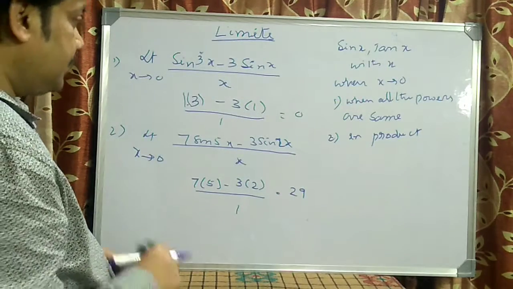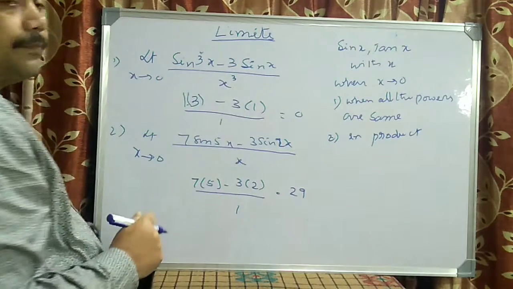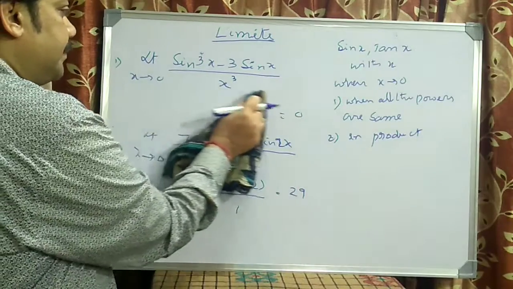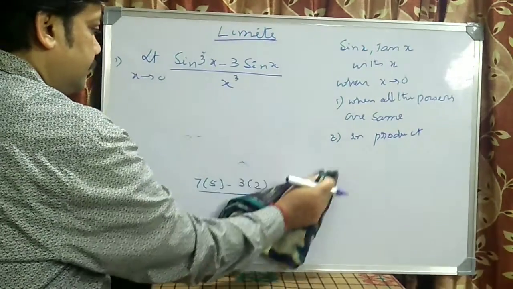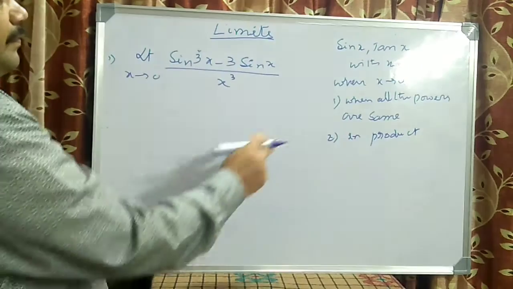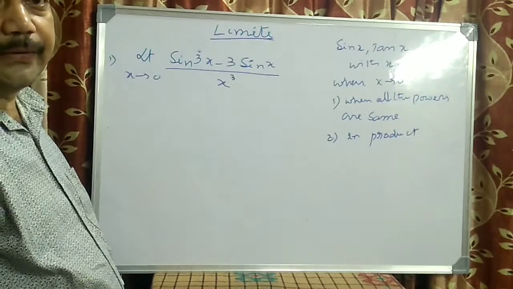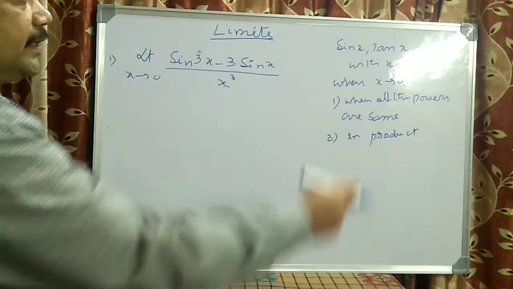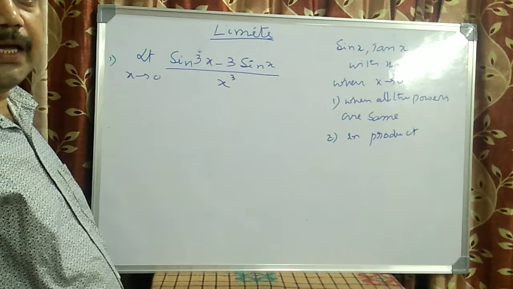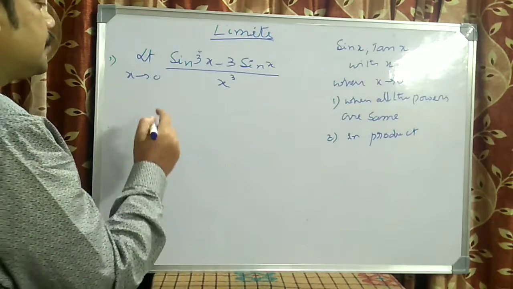So if I put x cube here, see my friends, now these two properties clearly fail here. So I cannot apply the replacement of sin x or tan x by x. Is it clear?